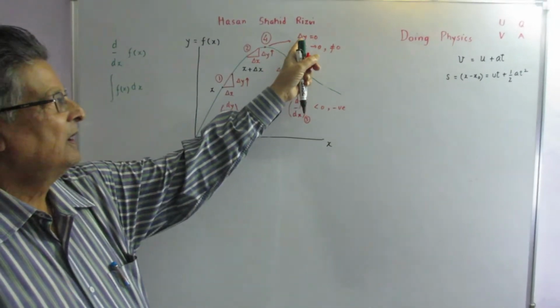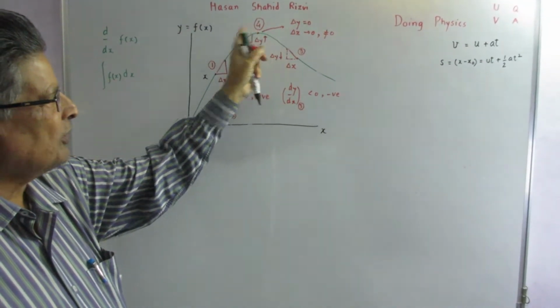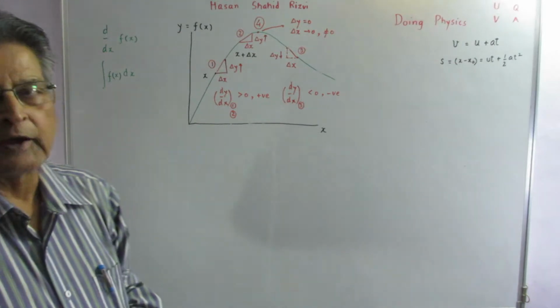This is 0, and therefore the slope over here at the top of this curve will be equal to 0.